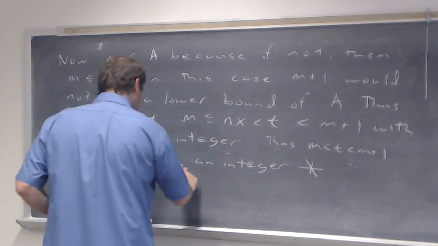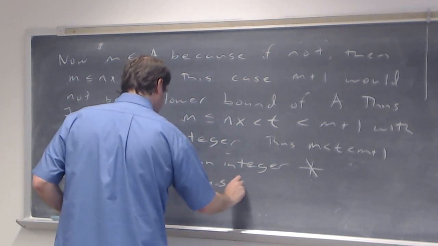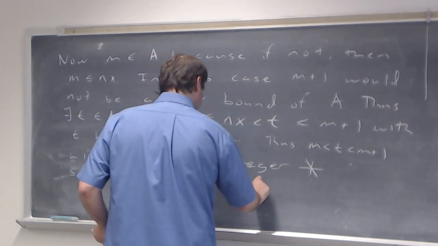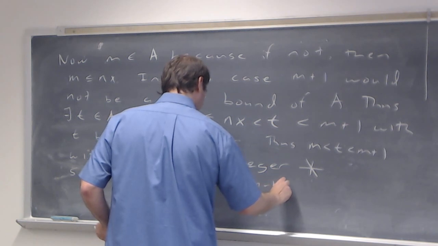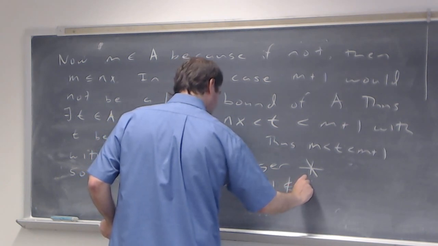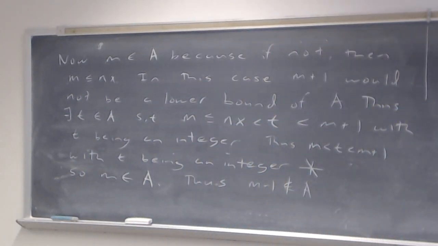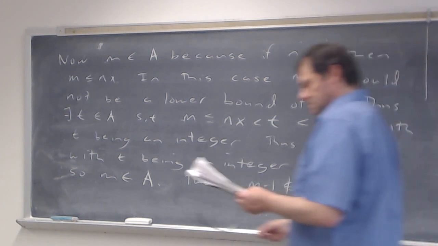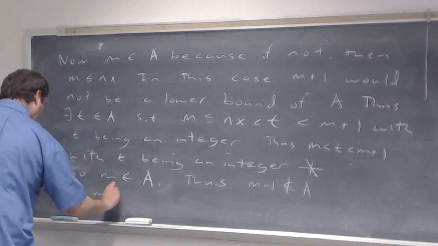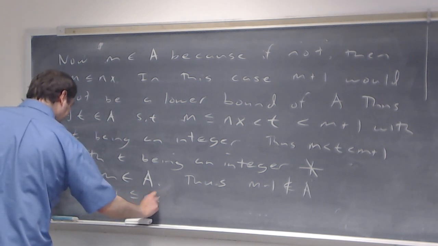So what that means is that m minus 1 is not an element of A. And so that says m minus 1 is less than or equal to nx.